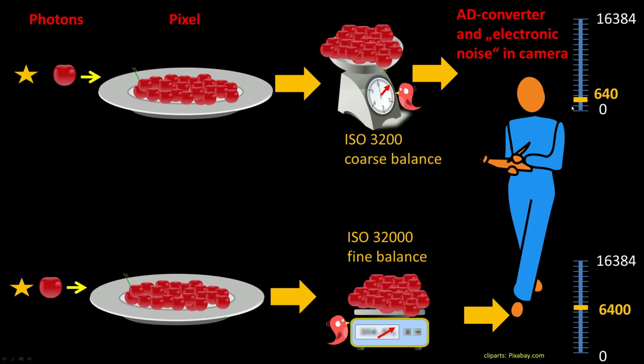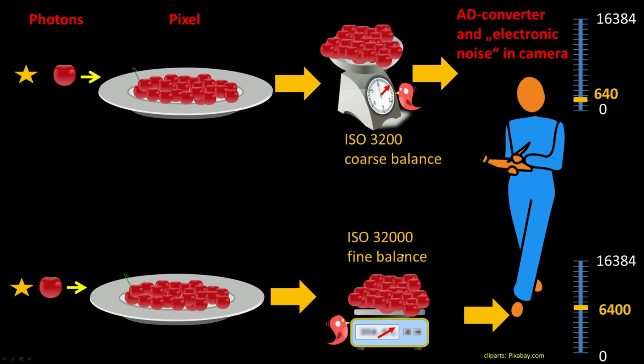Of course, if I have 2 or 3 electrons more here, it probably doesn't make a difference, because it can only go in steps of 1. If the balance is so coarse and insensitive, a difference of a few photons wouldn't make a difference here.